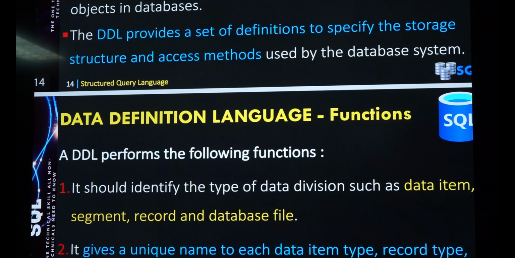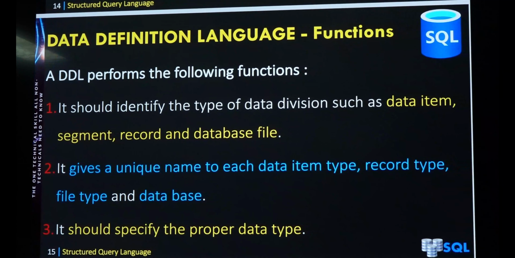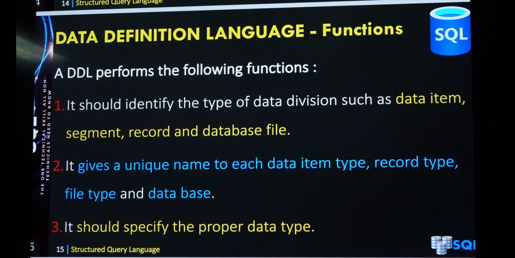Okay, now we will see that DDL performs the following functions. Number 1, it should identify the type of data division such as data item, segment, record, and database file. It gives a unique name to each data item type, record type, file type, and database.